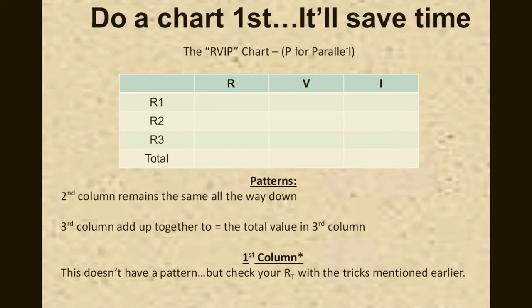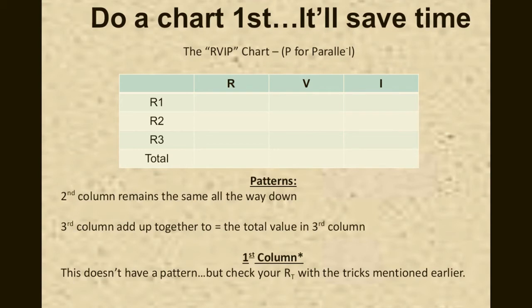Now, the reason I'm doing this is because I promise you that there's going to be patterns, and the same patterns will follow from the previous chart. All we're doing here is changing our letters or the way the columns will look. So when we take RVI, R would be considered the first column, V the second column, and I the third column.